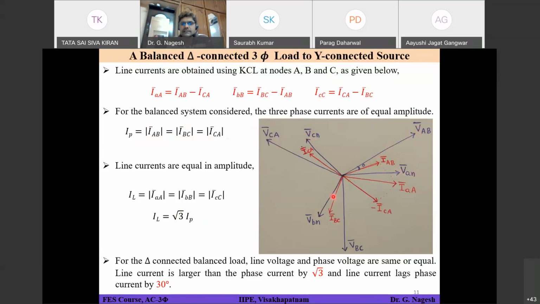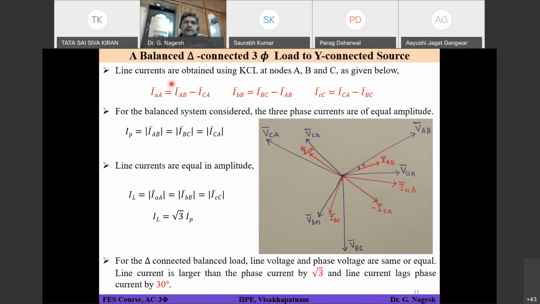VBC is 30 degrees ahead of VBN. And VCA is 30 degrees ahead of VCN. This line voltage VAB divided by impedance ZP gives a current IAB. Let's say that is falling here. The phase angle is theta. So IAB is falling here.